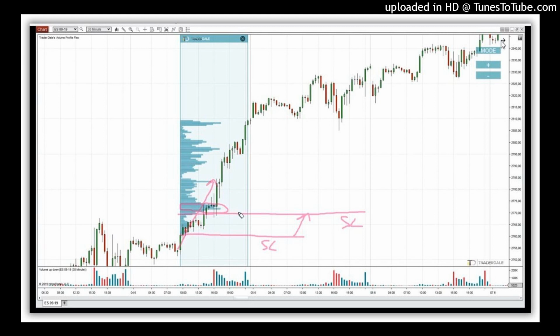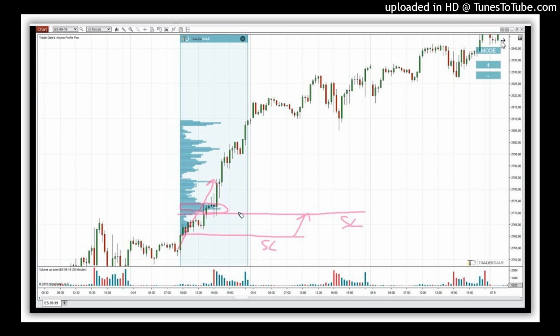For example, in here, let's imagine that you went short from there and you are searching for the ideal place to take profit. So what you do is you use the flexible profile like this, and the heaviest volumes in this pullback area are in here and in here.